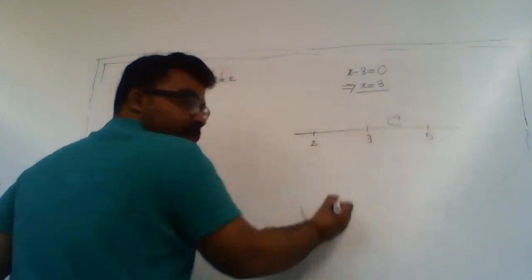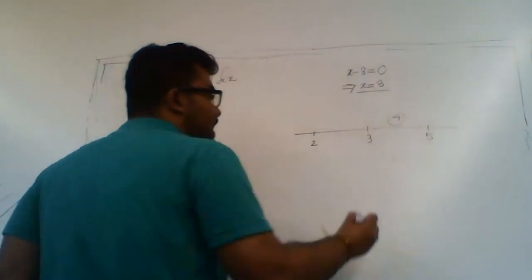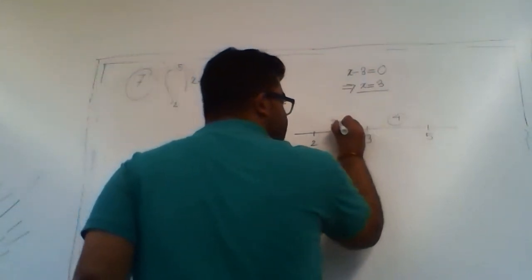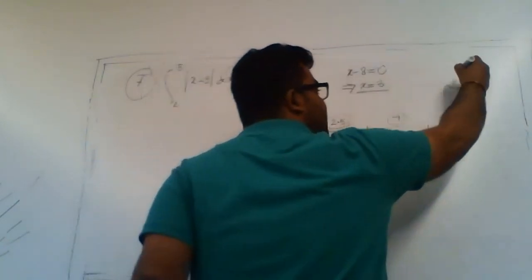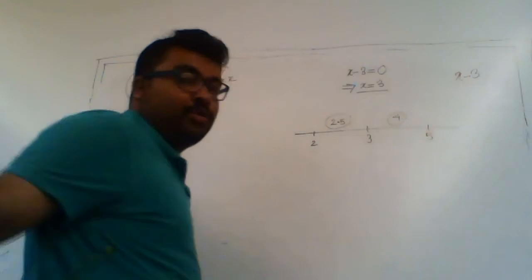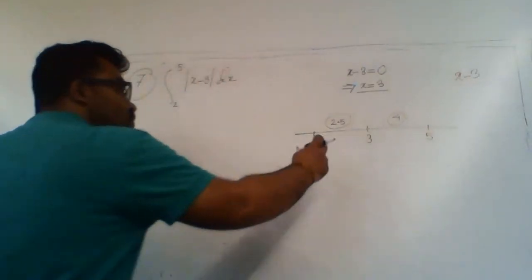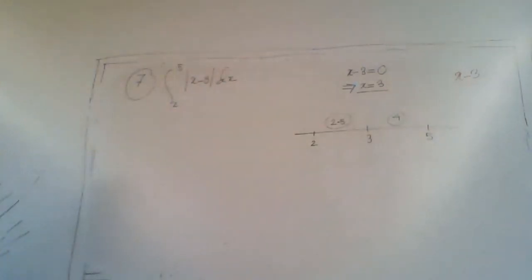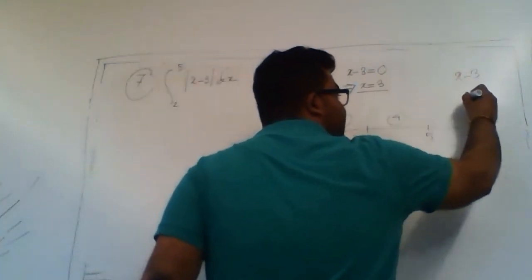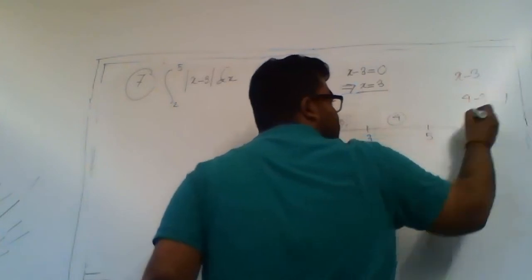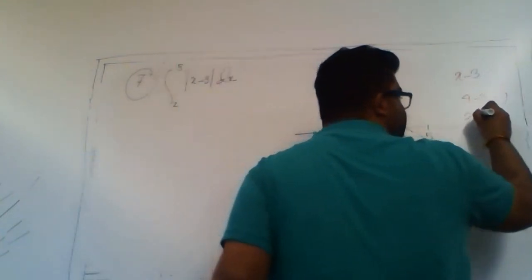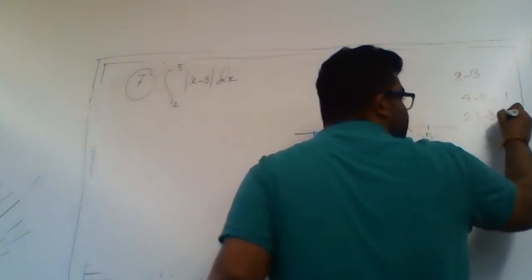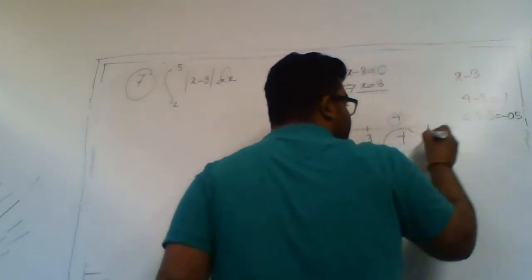Take a number here, say 2.5. Put these two numbers in this function. The function here is x minus 3. If you put 4 in this function, you get 4 minus 3, which is 1, so I get a plus sign. If I put 2.5, I get 2.5 minus 3, which is minus 0.5, which is a negative sign.